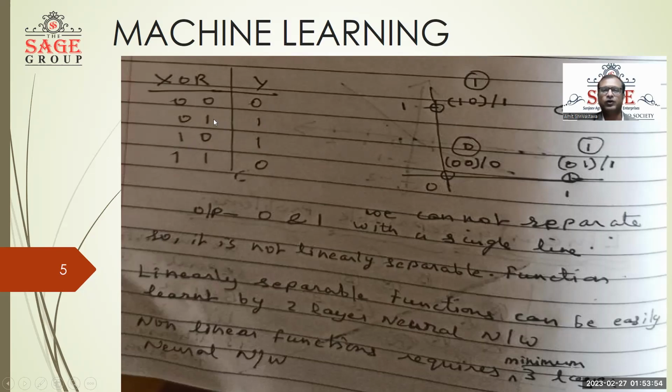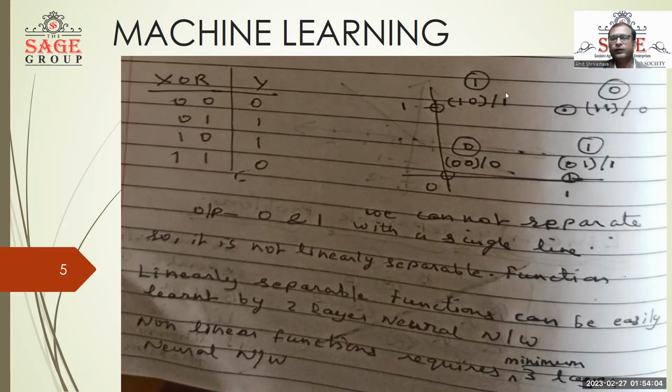And the output will be 0 when the inputs are 0, 0 or 1, 1. Now, if I plot this XOR gate in the XY axis, we can see here that I cannot separate out these outputs 1 from these outputs 0 with a single line, right? So this XOR gate is not a linearly separable problem.